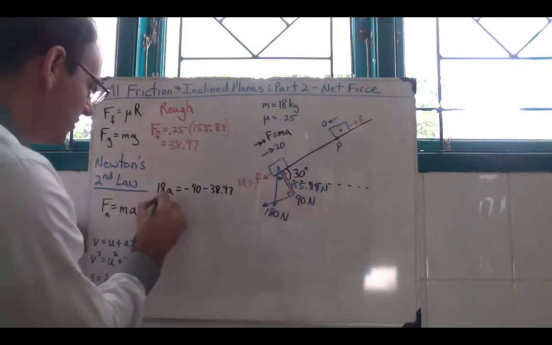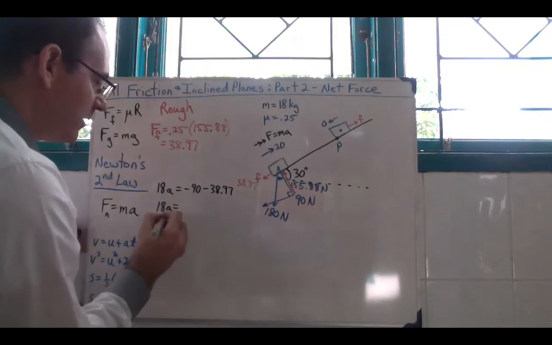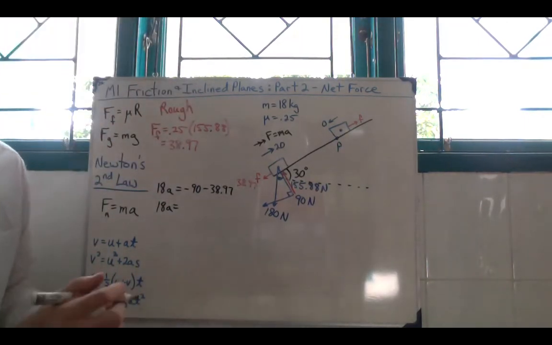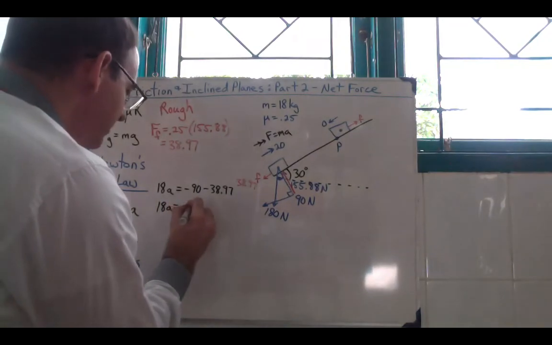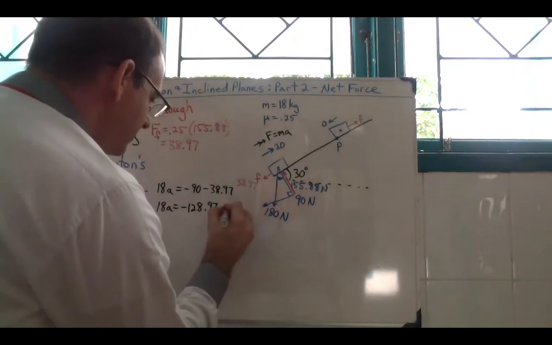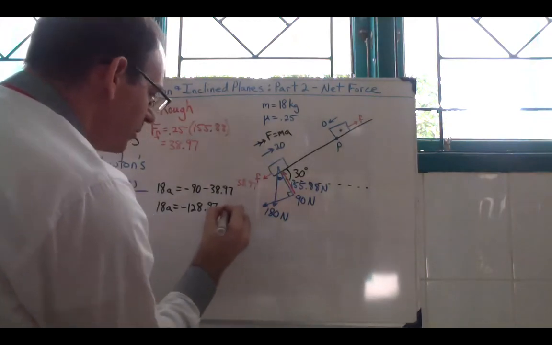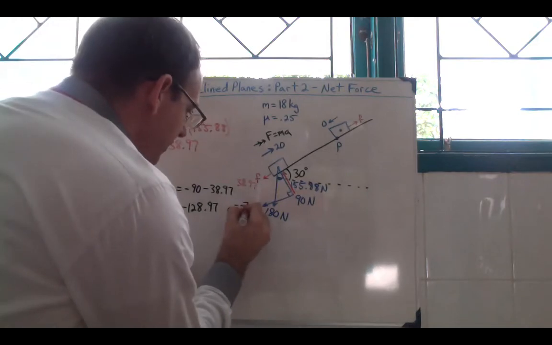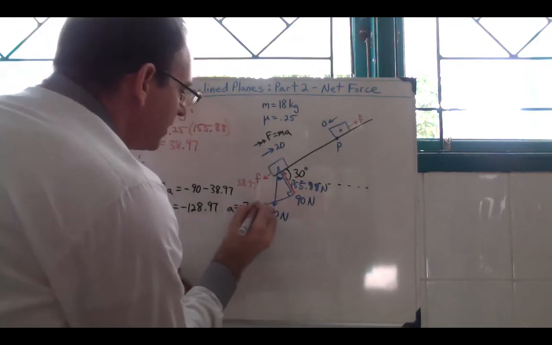So when we get this, we get 18A equals negative 128.97, and that means A equals negative 7.165.